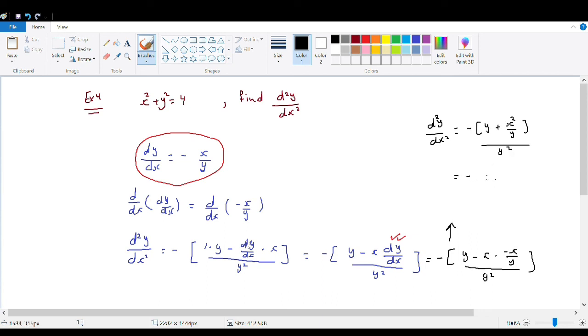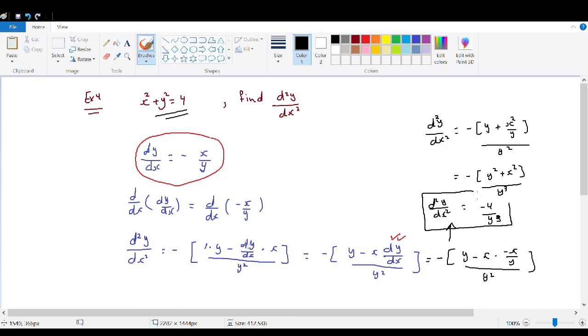Then this will give us minus y multiplied by y, so it will be y squared plus x squared, all over y cubed. This is y cubed because here we have y squared, and then here we have also y, so this will give us y cubed. Now we know that x squared plus y squared is given by 4, so this will give us minus 4 over y cubed. So this is the second derivative, d squared y over dx squared.